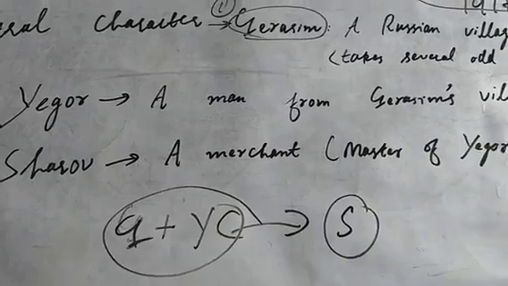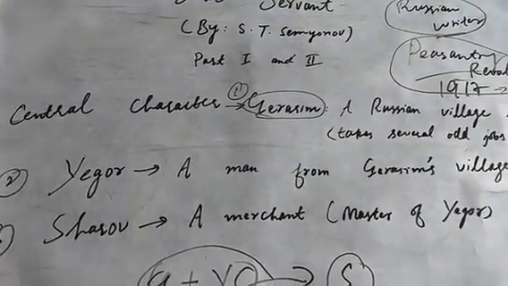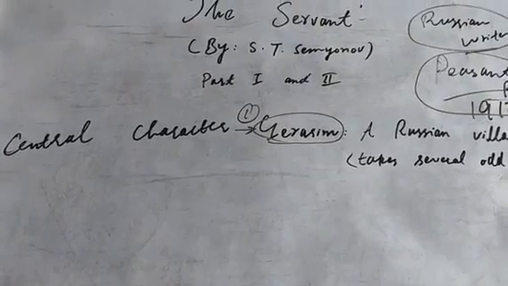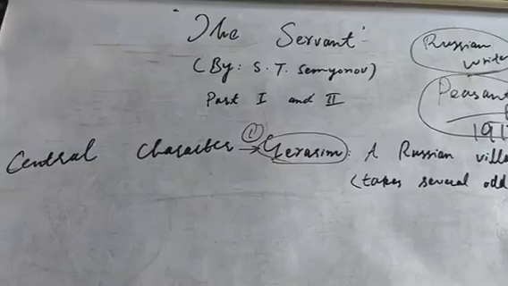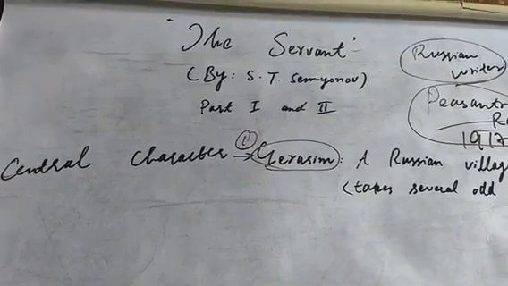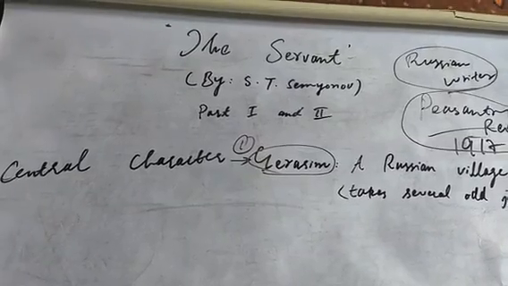So before wasting our time, let us move to our story. As you can find, the story is written in parts. It is written in 4 parts or 4 sections, and we shall deal with the first 2 sections of the story.